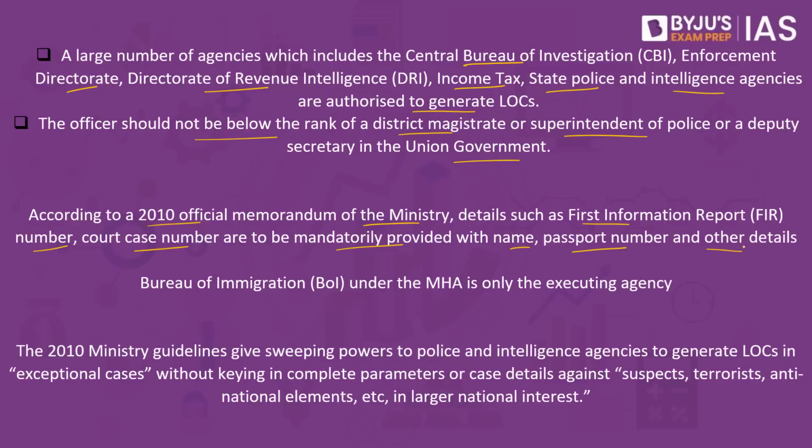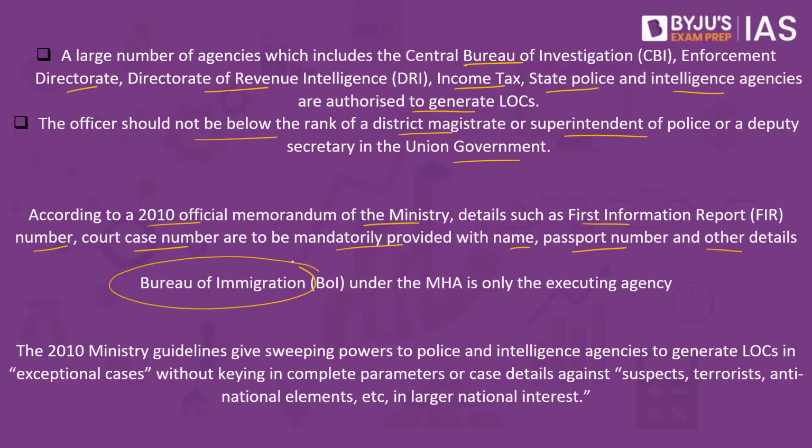If a person has to be arrested for a temporary period and handed over to the investigating agency, and there is a cognizable offense, you will have the first information report, which is available with the police officers. In case court proceedings are happening, the court case number is added to it. If the person possesses a passport, the passport number, name and other details will have to be provided to the Bureau of Immigration.